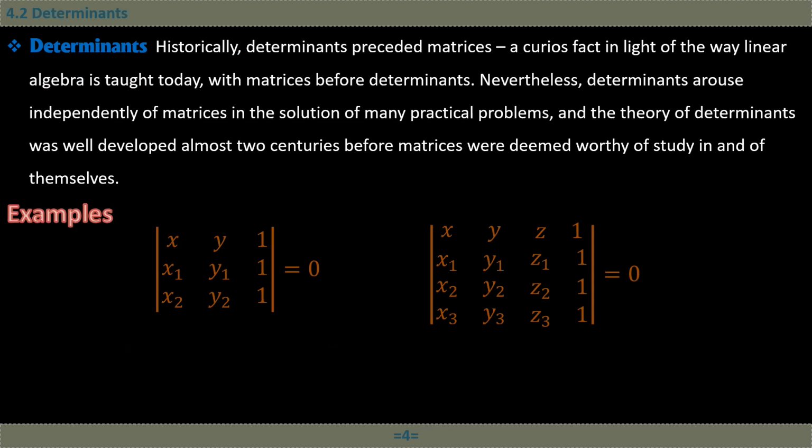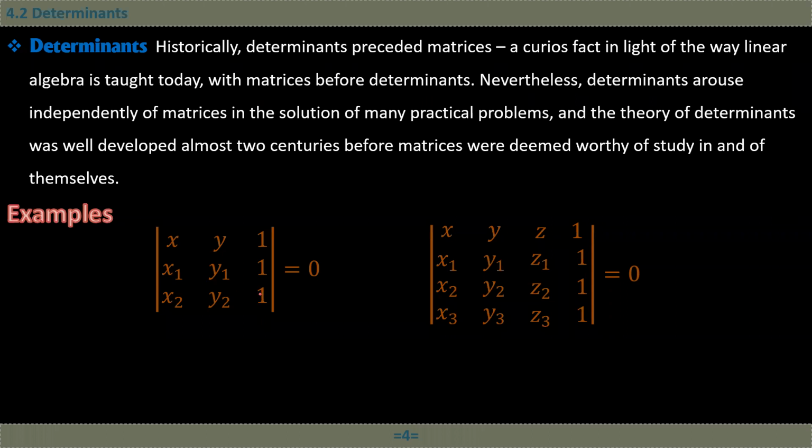Now here, as you see in these examples, instead of rectangular brackets, we put parallel lines, or vertical lines. We use these vertical bars to denote the determinant.